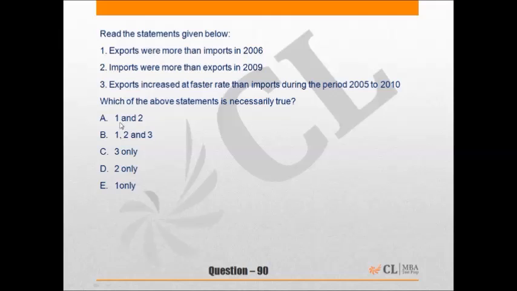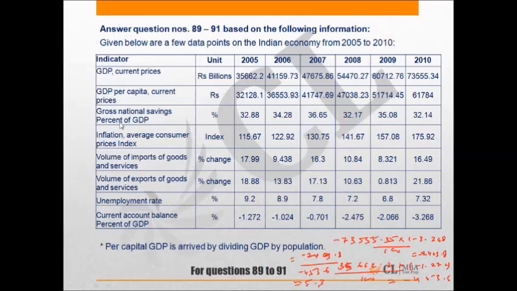From the given figure, it can be seen that we do not have any way by which we can calculate the exact value of imports and exports in the given years, because here it is given that volume of imports of goods and services percentage change. This is percentage change over the previous year, but we do not know what percent of the GDP it is.